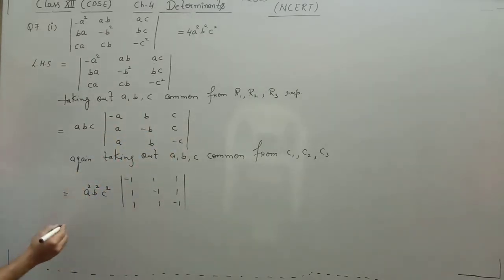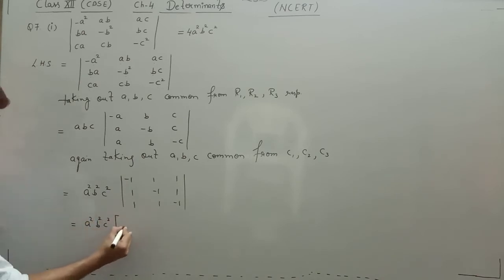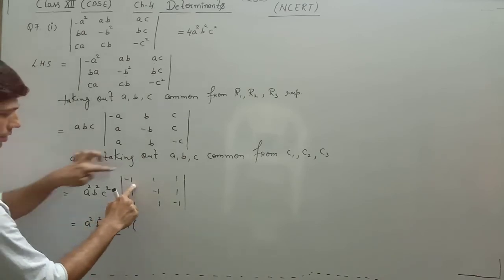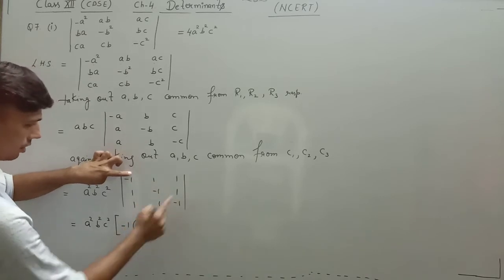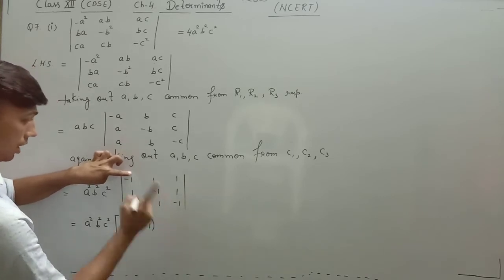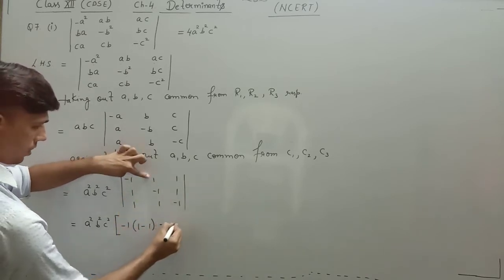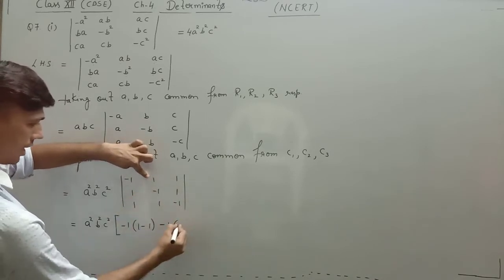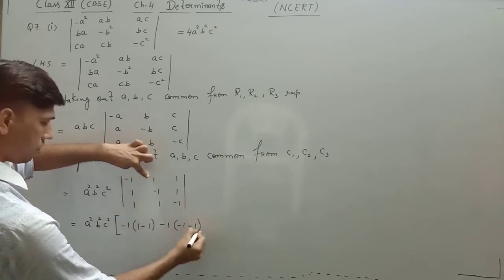Okay. Now expanding along any row or any column. Now I am expanding along row number 1. Minus 1 as it is. Plus 1, minus 1. Now next step. Minus 1. This side. Minus 1, minus 1.